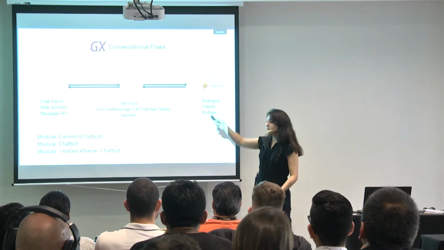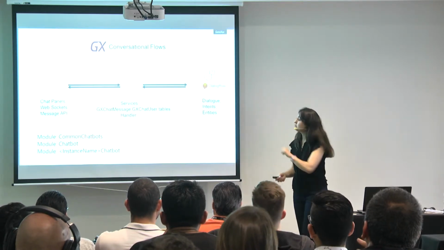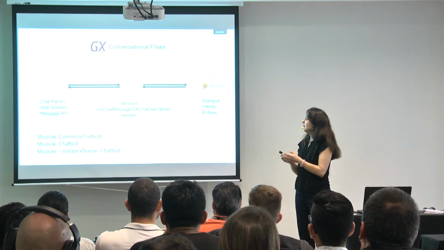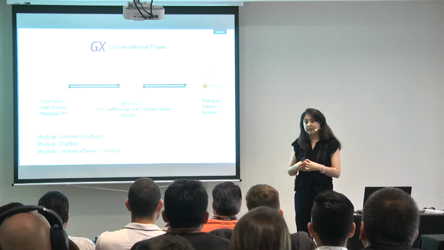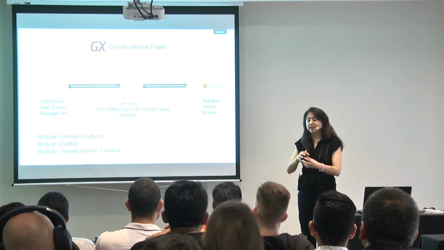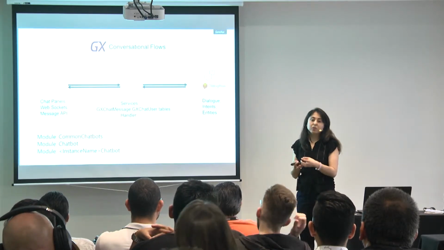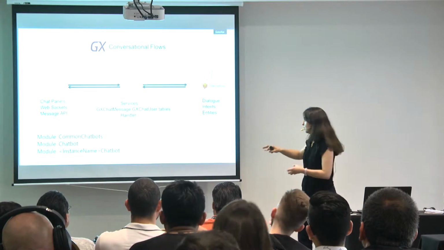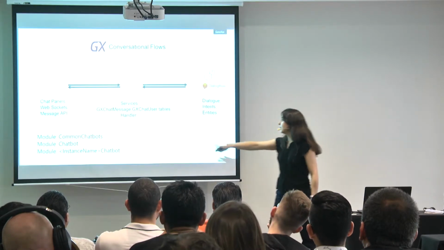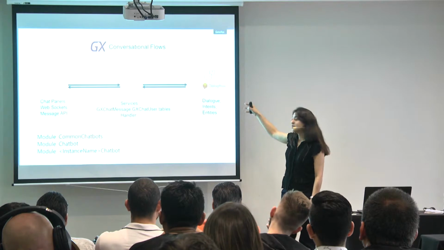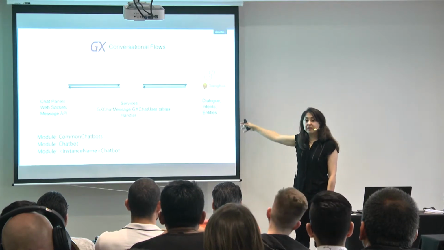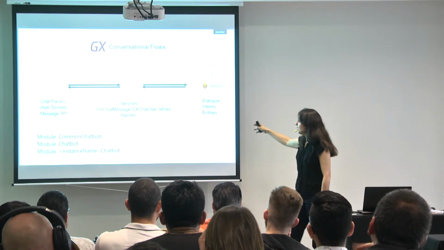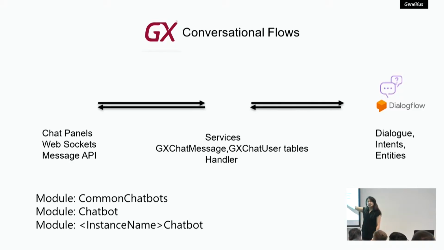On the side of the services in the server, what we have is a service that is in charge of processing the message that the user has sent and shaping it according to the features of the NLP provider to send it to the provider. In the provider, the values of the entities are identified as well as the user's intent, and the reply goes back to the server.